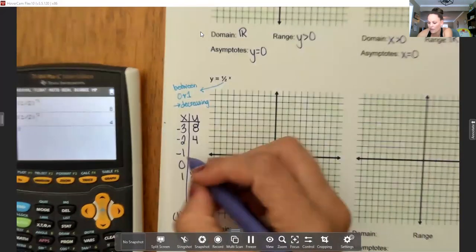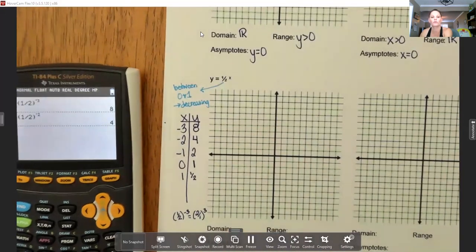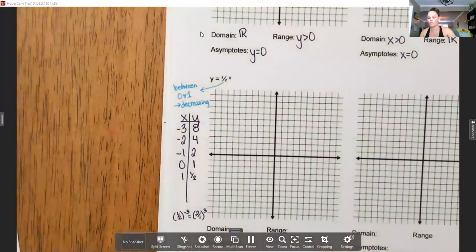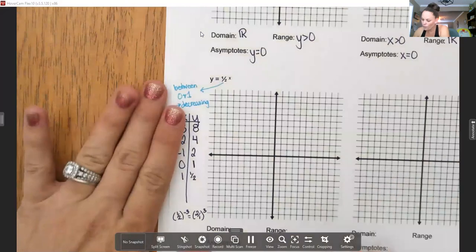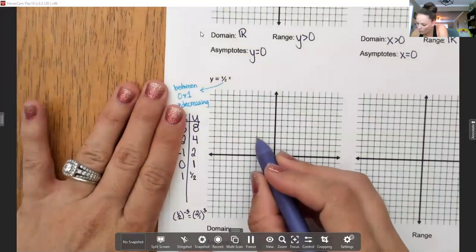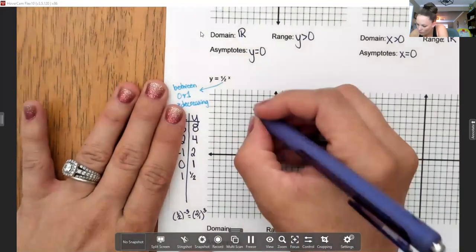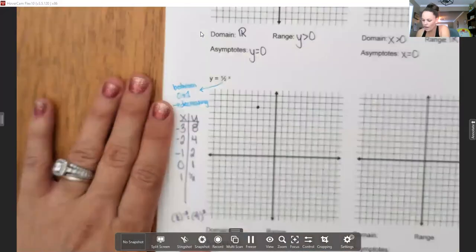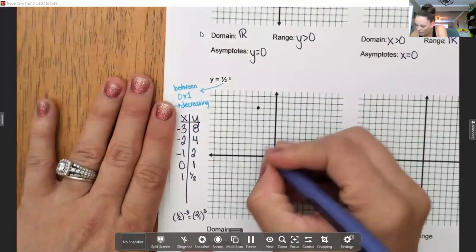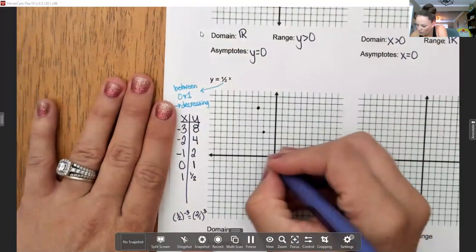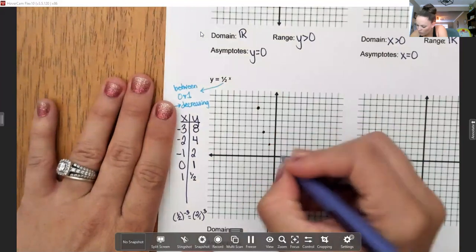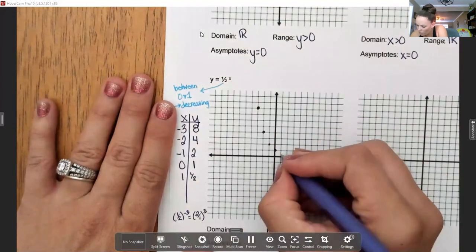If I plug in -1, we're going to get 2. So -3, 8, -2, 4, -1, 2, 0, 1, 1, 1/2.